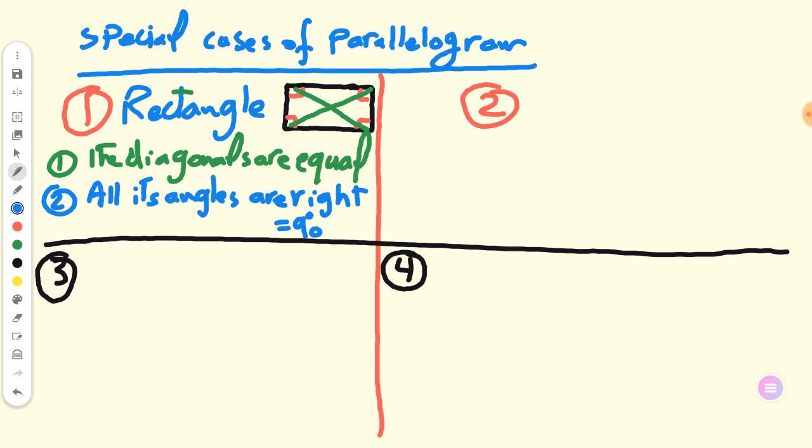What else? I have another one, which is called a rhombus. A rhombus is a parallelogram that has the following property. This is the shape of a rhombus.